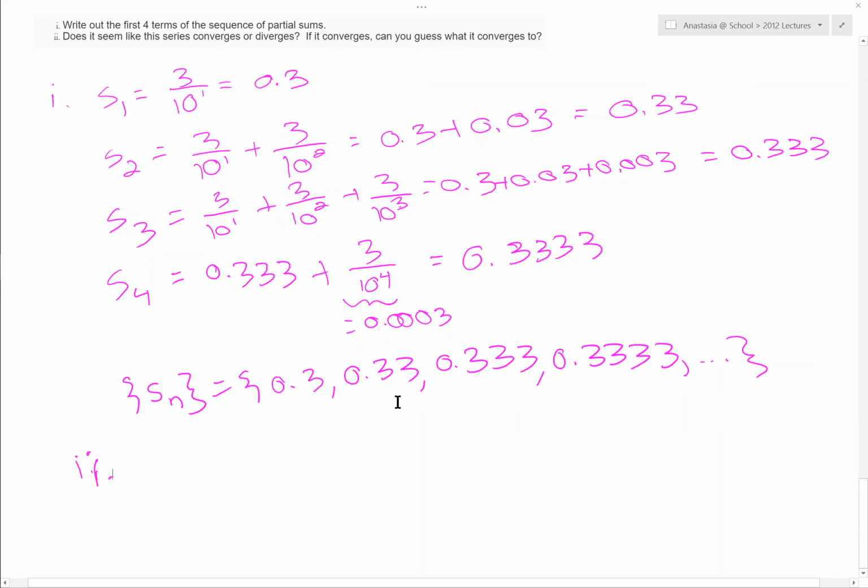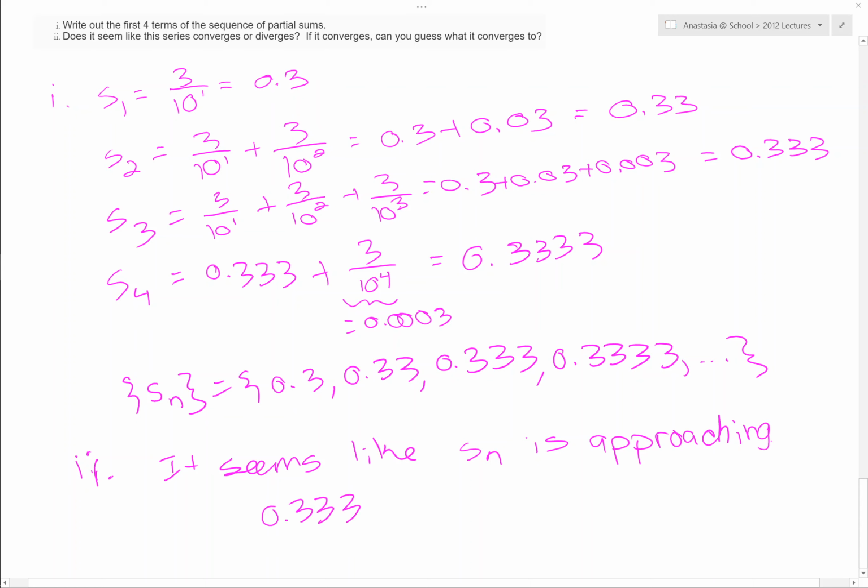So it seems like our sequence of partial sums is approaching a decimal with an infinite number of 3s on there. So we could say this is 0.3 repeating, which if we convert that to a fractional value, we know that is 1/3.